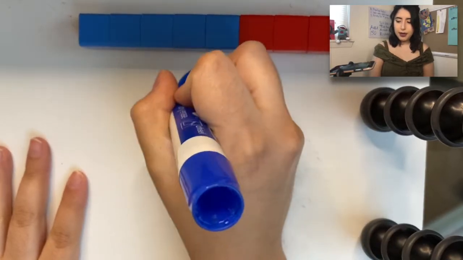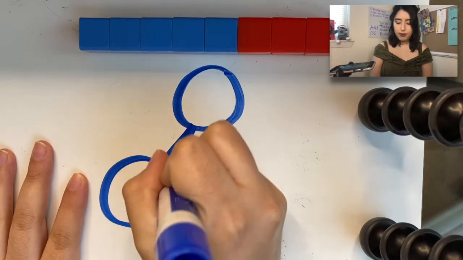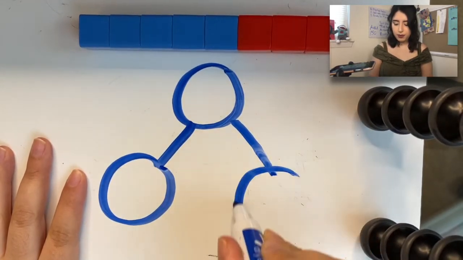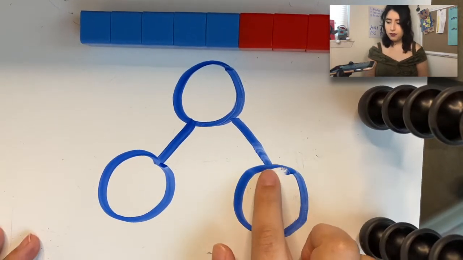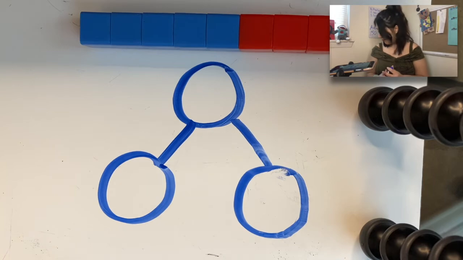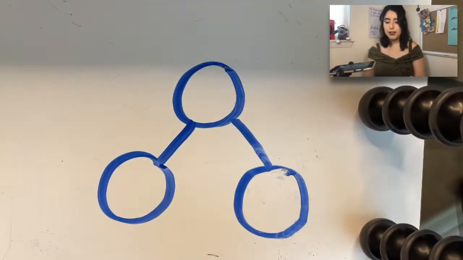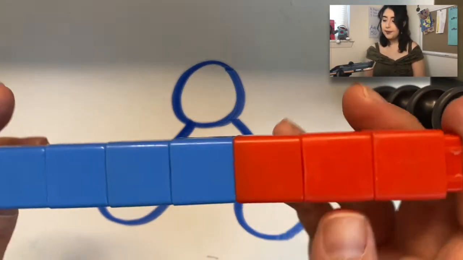I'm going to make my number bond, and that is what we will be working with today, our number bond. Okay. So we're going to snap this, and we're going to make different number bonds about 8.